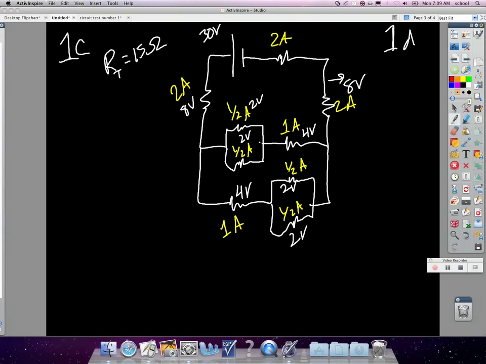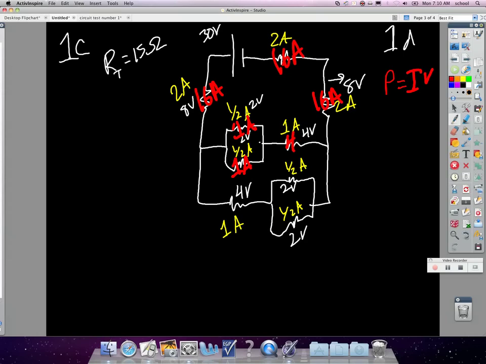So 2A looks like this. Okay. So the capacitances are 70 microfarads.